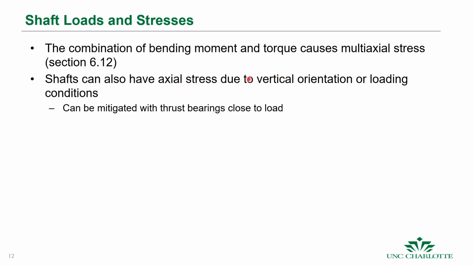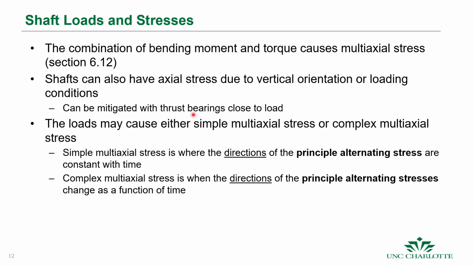That also shows up with vertical shafts, where gravity comes into play, so you will have some axial stress. In general, you want to mitigate that axial stress as much as possible. One strategy is to use a thrust bearing close to the load, so that most of that thrust load is transmitted to the supports and not to the shaft itself.